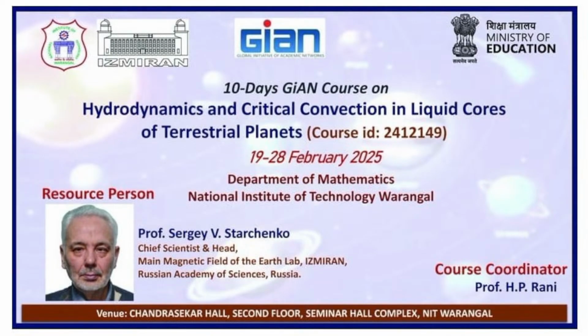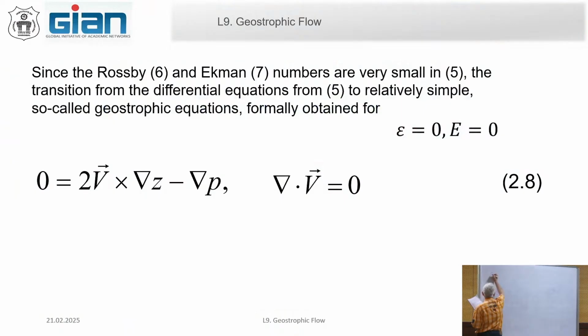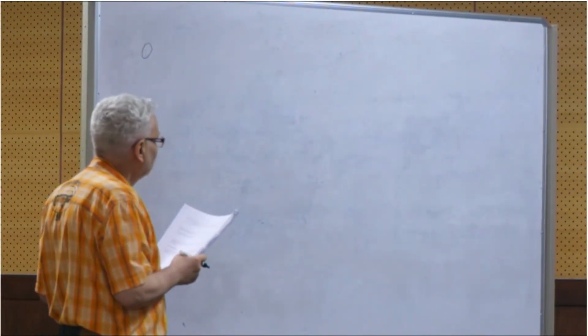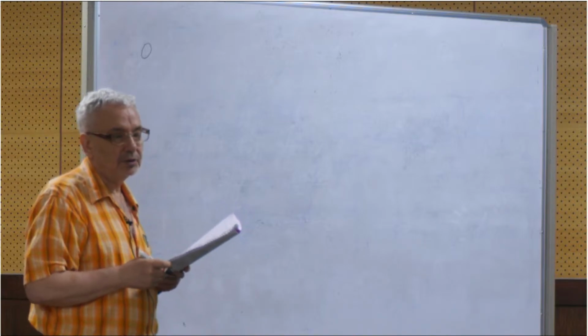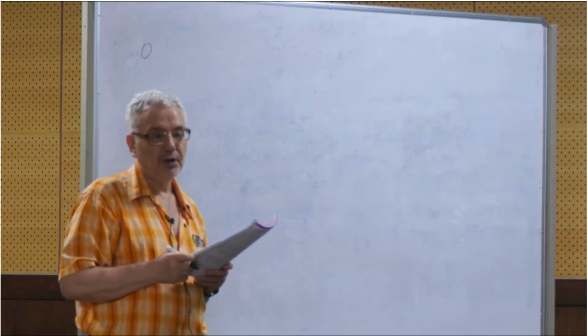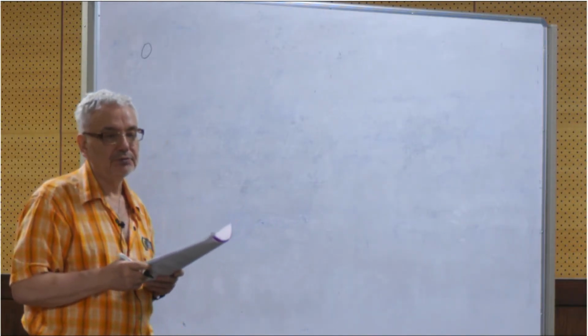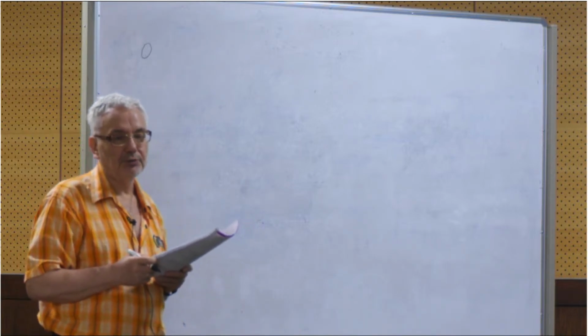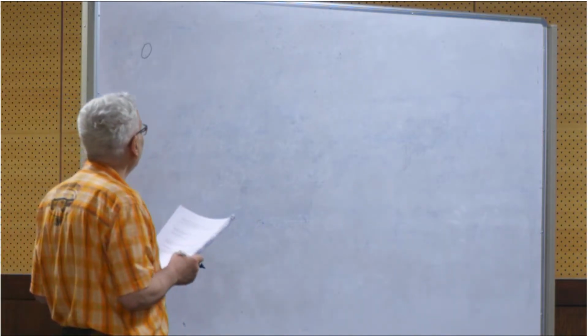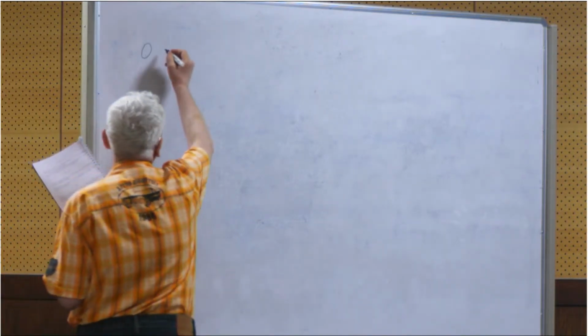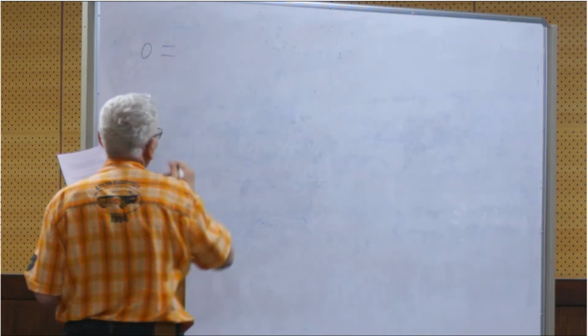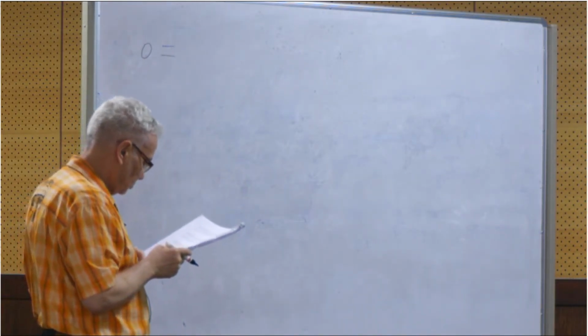Of course we start from the 0, because this 0 is obtained after we neglected the substantial derivatives. And in front of the substantial derivatives is this epsilon, which is the Rossby number. So we are free to put 0 instead of the substantial derivatives.